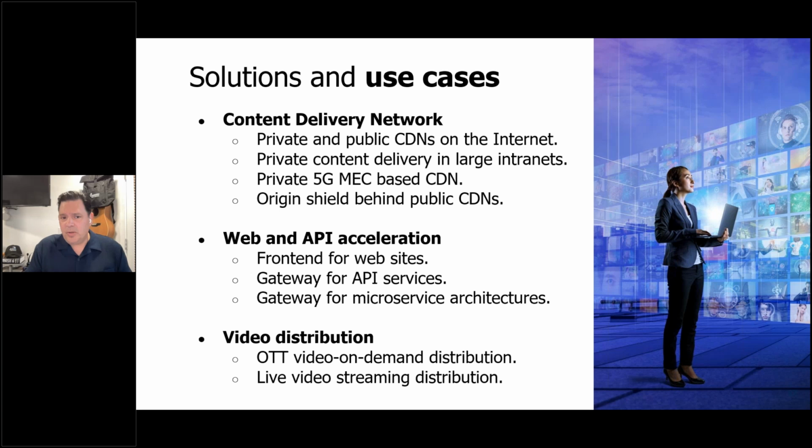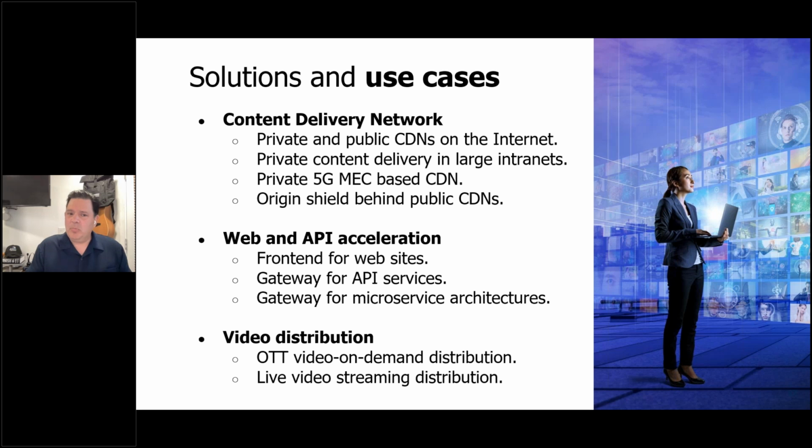But I do want to call your attention to that center section there, web and API acceleration. So cache can be used for front-end websites, a gateway for API services, and a gateway for microservice architectures. That's really where cache was originally needed and grew as a popular architecture approach from a web application perspective.